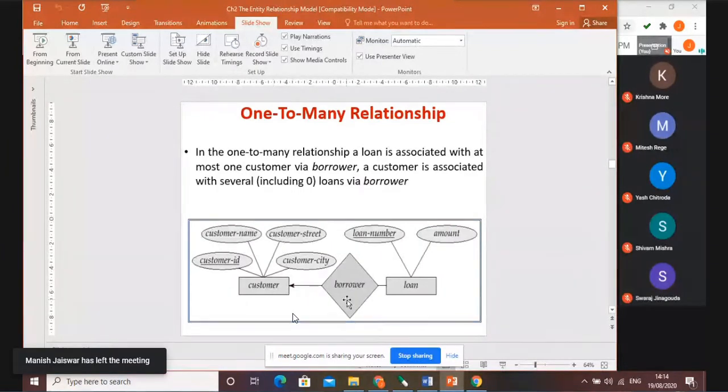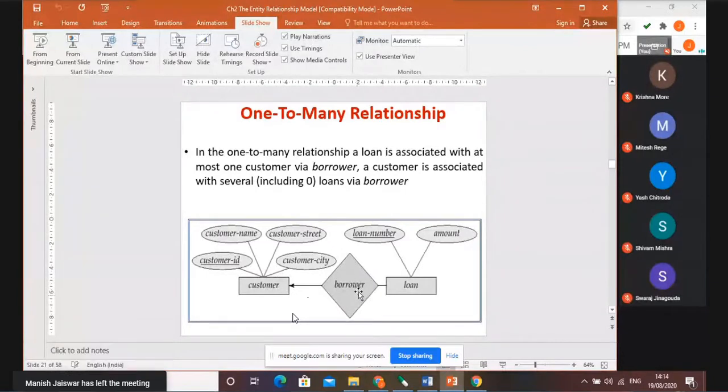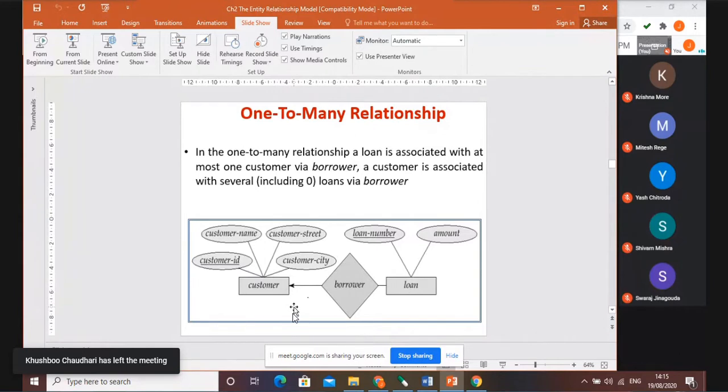Here you can say a customer borrowing a loan. So one customer can borrow. Here it is a solid line, from the relationship to loan. So towards loan it is a solid line, which indicates many. Many means 0 to many. So in customer borrowing loan, an arrow towards the customer indicates one customer.